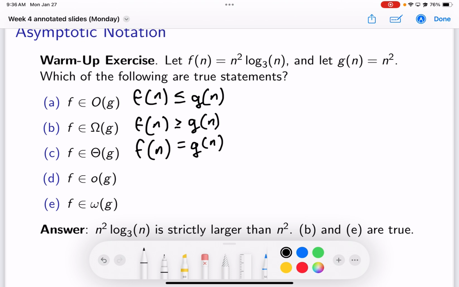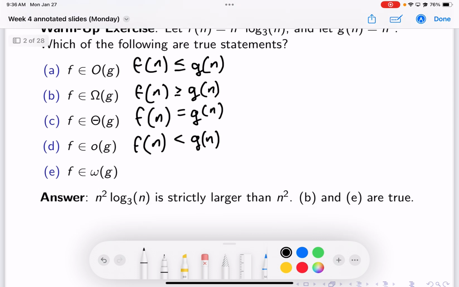Little o is like a stronger version of big O. It's basically like f of n is strictly less than g of n. And finally, little omega, it's like saying f of n is strictly greater than g of n.